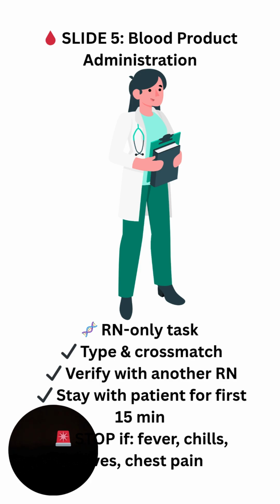You want to stay with the patient for at least the first 15 minutes to check for any adverse effects. You want to stop if fever, chills, hives, or the patient complains of chest pain. Blood transfusions, you never delegate a blood transfusion. Monitor closely and stop immediately if a reaction begins.